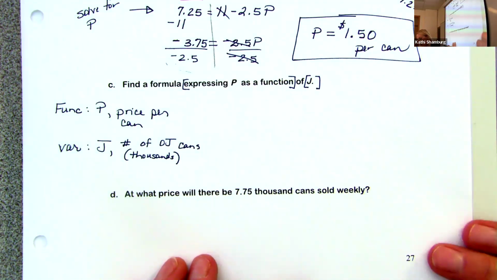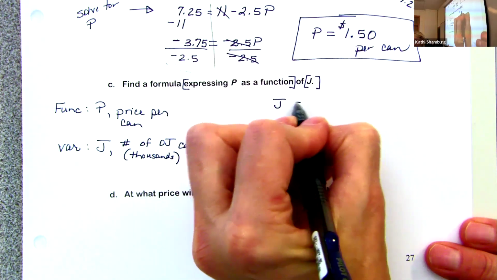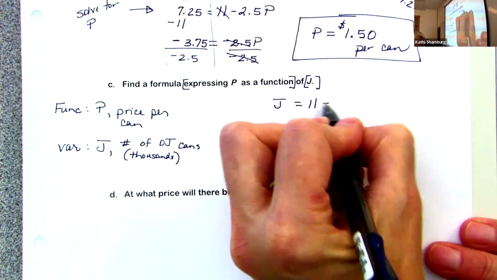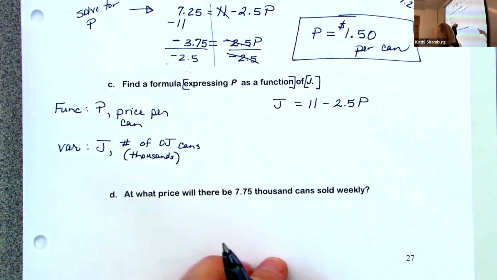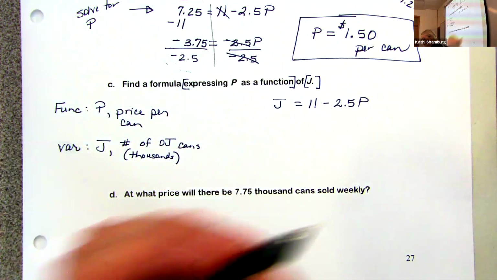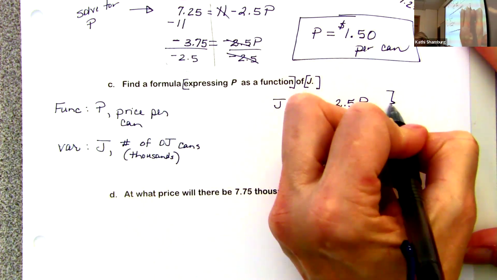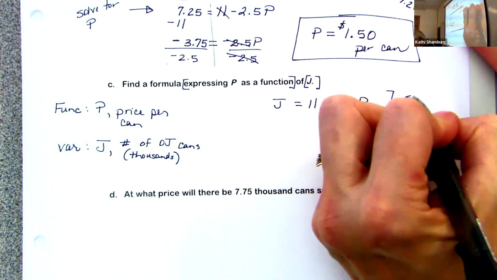Okay, so I'm going to go up to my original formula, which currently is the function J variable P. And they're telling me I want it to be the function P. So they're asking me to do what with this equation? Solve for P. Get P by itself.